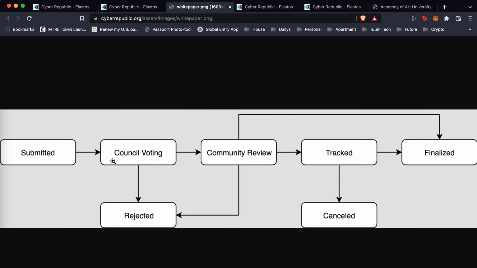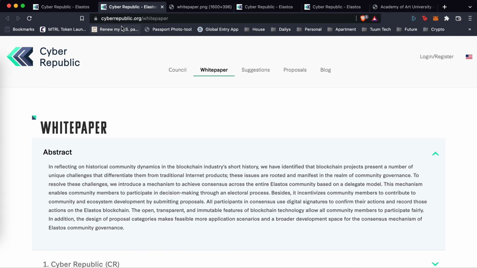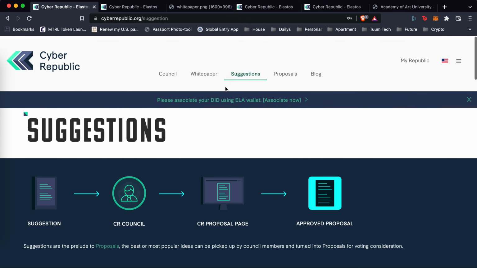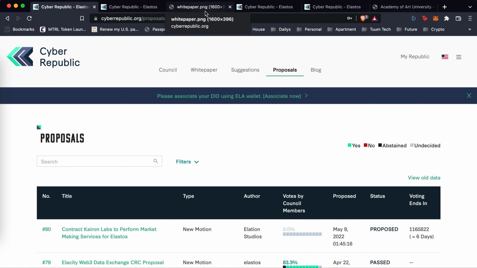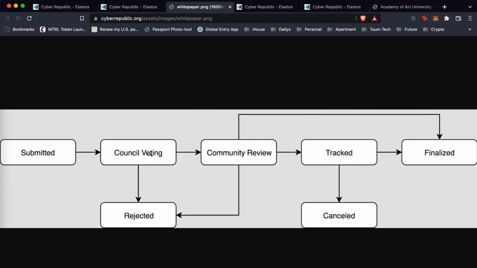And this is where the proposal gets published to the blockchain, at which point anyone in the community can look at it through various apps, either through cyberrepublic.org, if you go over to proposals, or you can even use the Essentials app to look at the suggestions and the proposals.